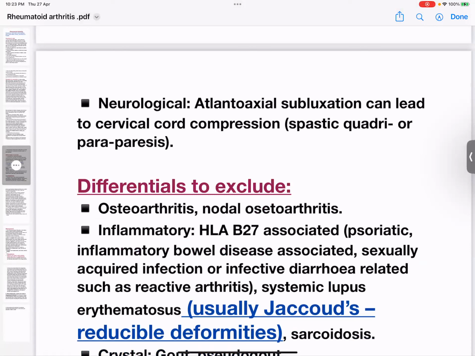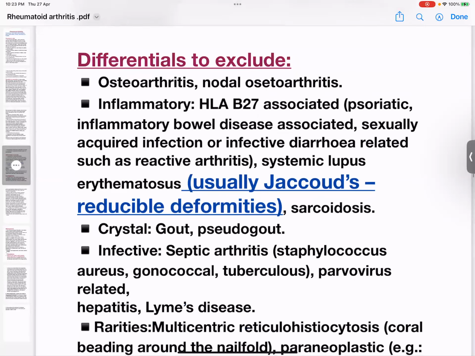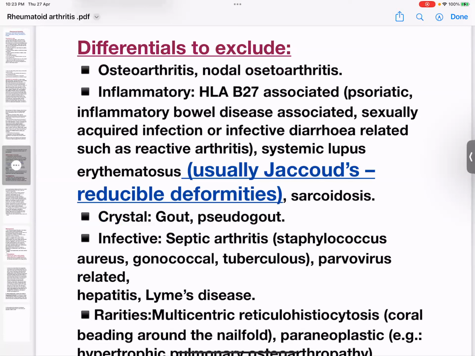Differentials: to exclude osteoarthritis, you will find nodal osteoarthritis without inflammation. Then the HLA-B27 associated conditions: psoriatic arthritis, inflammatory bowel disease, sexually acquired infection or infective diarrhea related to, for example, reactive arthritis. Systemic lupus erythematosus, usually with reducible Jaccoud's deformities. In sarcoidosis, you will find lupus pernio, and erythema nodosum on the lower limbs.